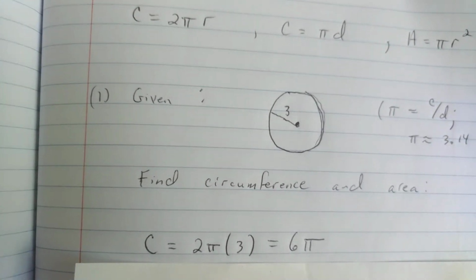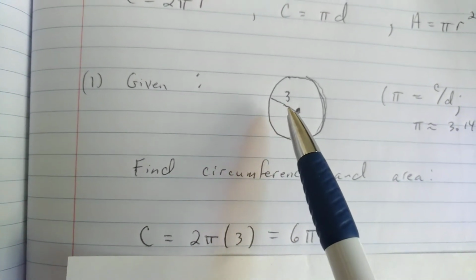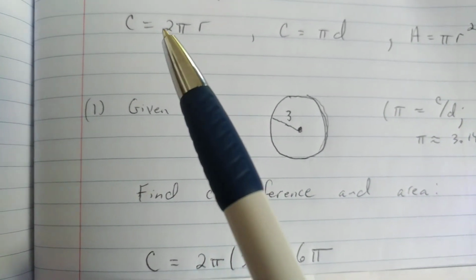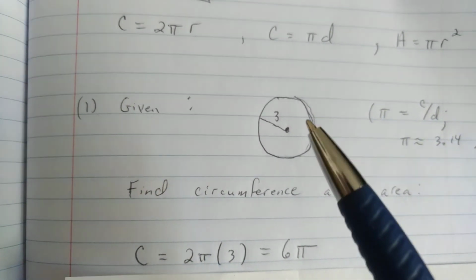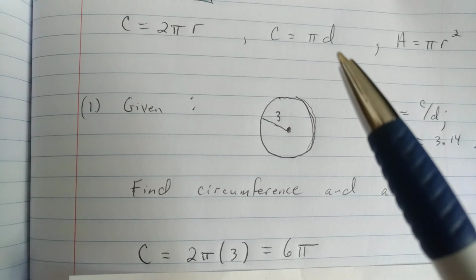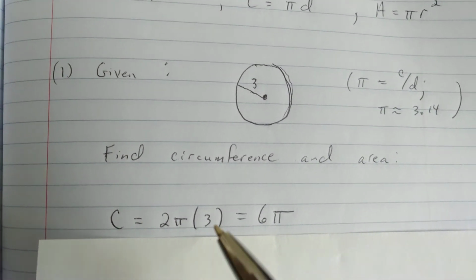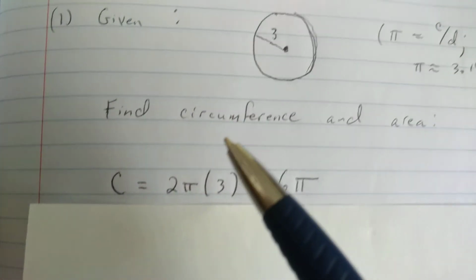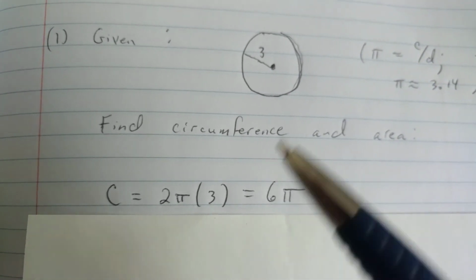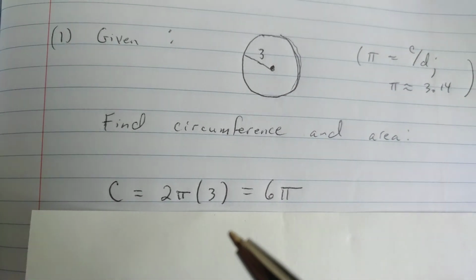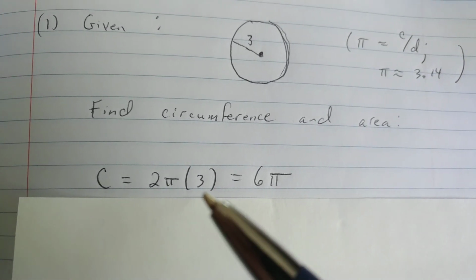Let us recall that since the radius is what's given in this picture, it would be convenient to use the circumference formula that uses radius. We could always take that information, find diameter, but that adds a step to the problem. We could directly find this circle's circumference by using the formula C equals 2 pi r. R is 3, so we plug in the 3. We do 2 times 3 and get 6.